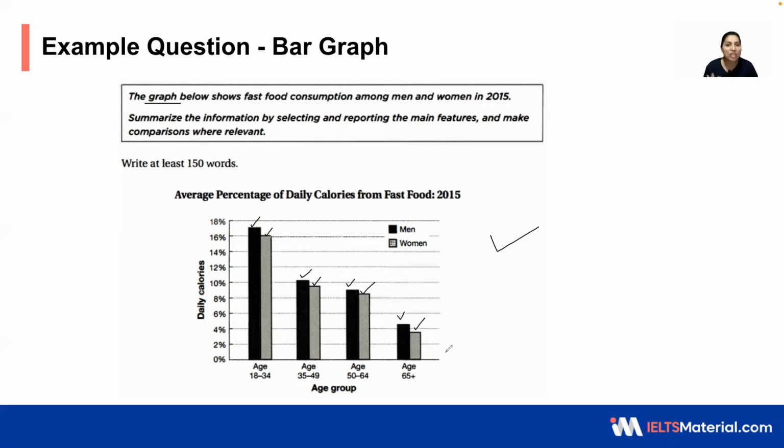The main features will also contain numbers describing the percentage, the proportion, the ratio, or the numbers in millions, currencies, dollars. Especially, you need to make sure that you describe the body paragraphs with numbers.